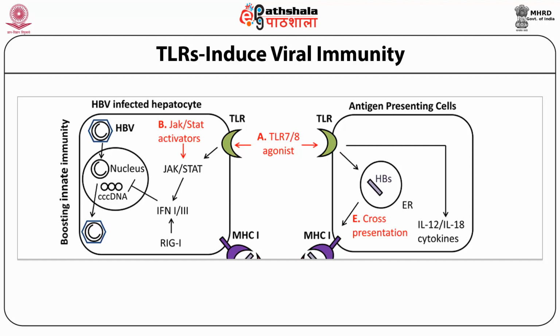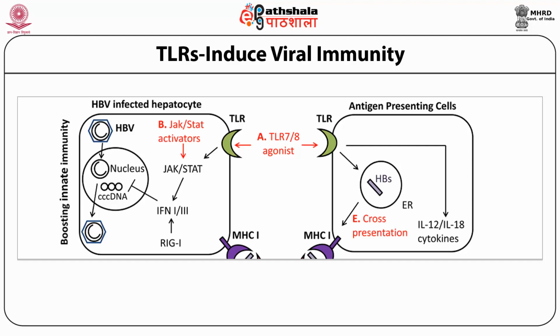The left side of the figure shows that the hepatitis B virus genetic material enters into the nucleus and stays there as covalently closed circular DNA, which is very difficult to treat because it stays in the nucleus.